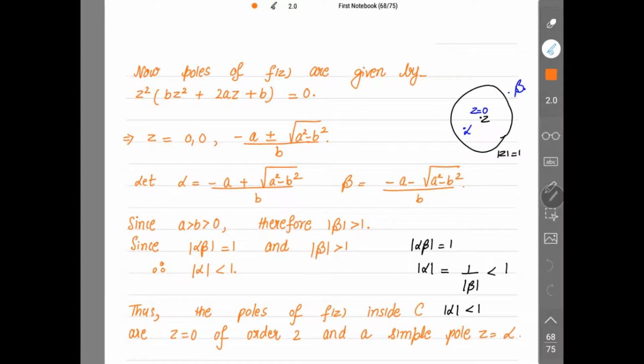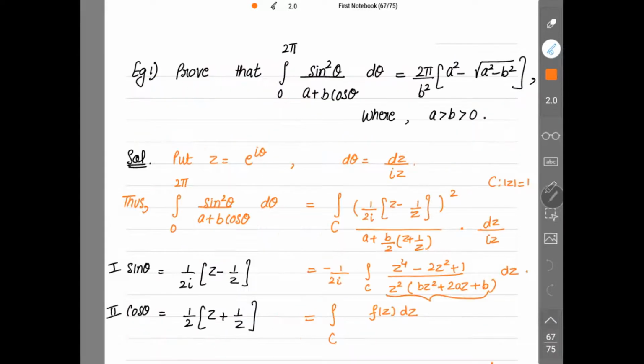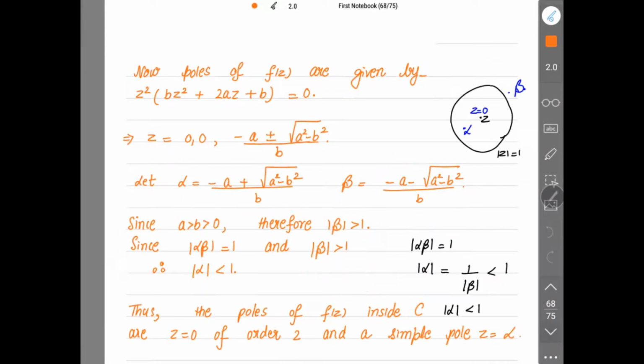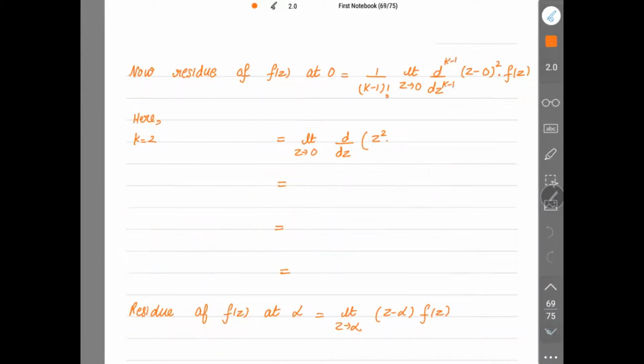See here your function is 1 over 2i, z to the power 4 minus 2z square plus 1 over this denominator, right? Is there any leading coefficient? Yes, b is a leading coefficient. We have to take this b outside and write (z minus alpha) into (z minus beta), right? And the rest is the same. We just put this quadratic polynomial into factors.